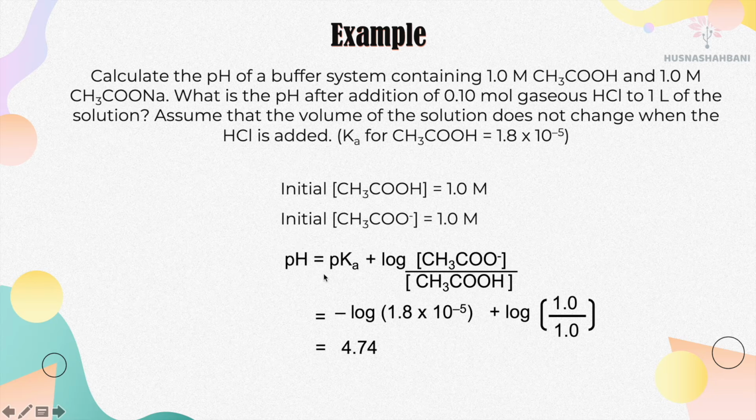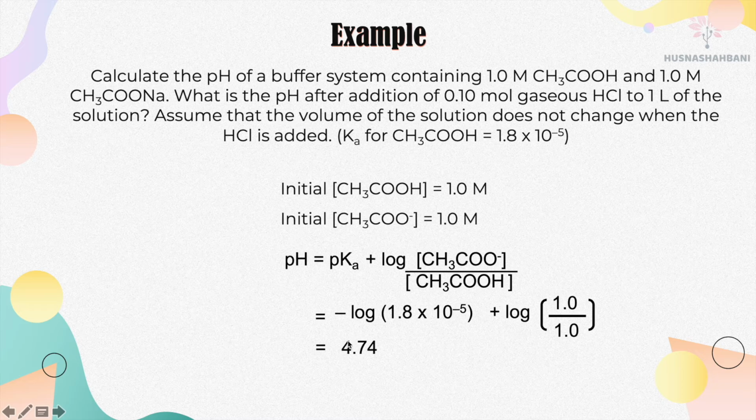So we need to find the pH, and we can use the Henderson-Hasselbalch equation: pH equals pKa plus log of the concentration of salt, or conjugate base, over the concentration of weak acid. pKa is negative log Ka, plus log of the concentrations given, 1 over 1.